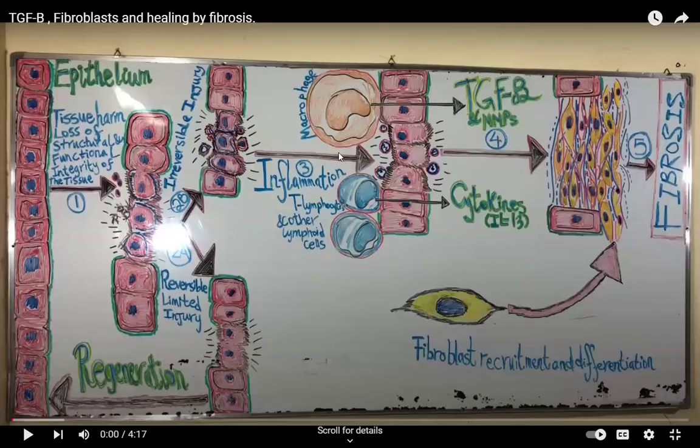You see the macrophage coming, and the T lymphocytes, they would come and remove the damaged tissue. And then you see these yellow fibroblasts, they would come and dump here, and you would have healing by fibrosis.